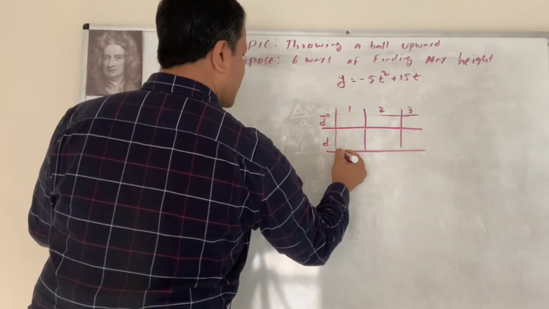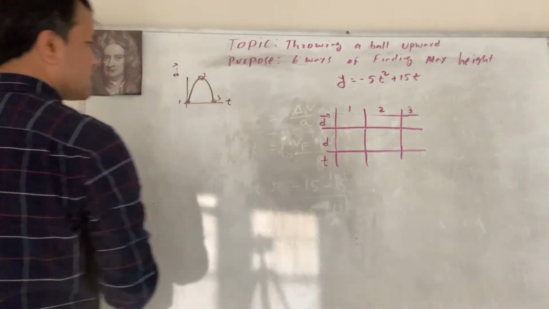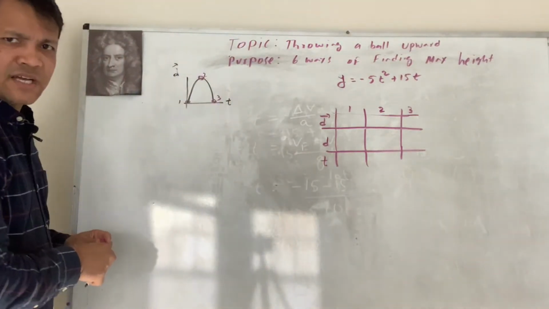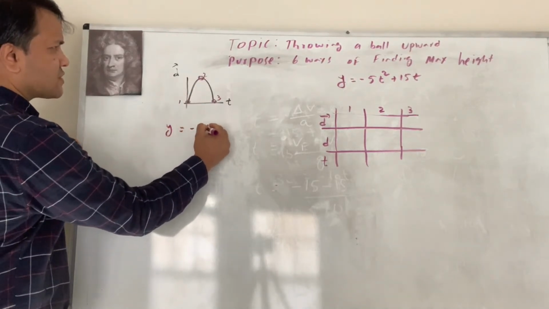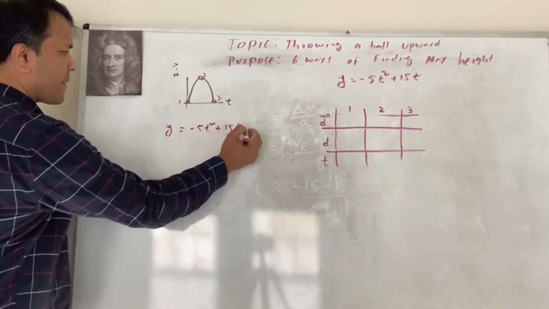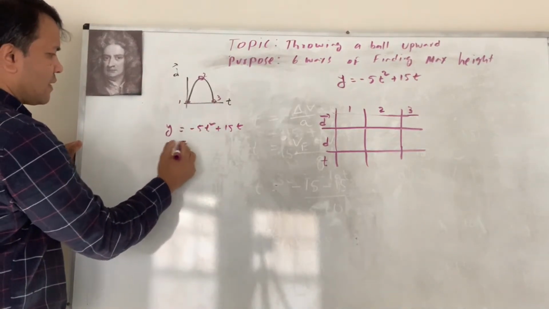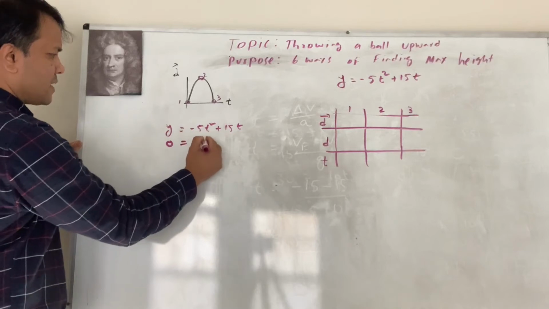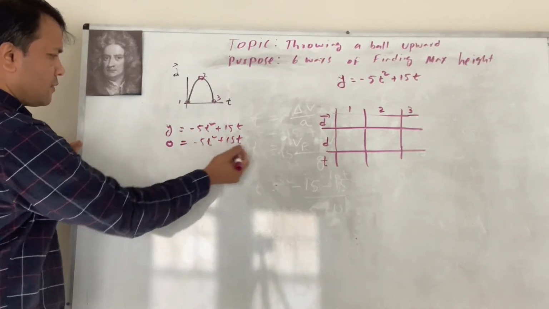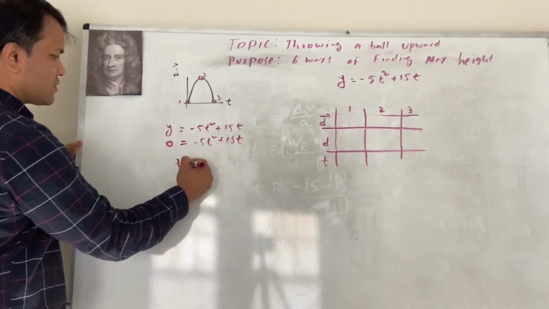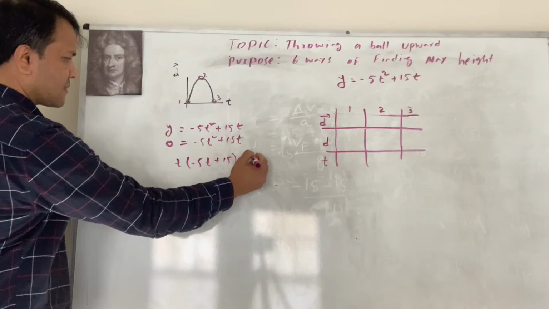Yesterday I showed you how to find the time at every location. Quickly I'm going to remind you. So y is equal to -5t squared plus 15t. Let y be equal to 0. If you factor out t, you get t times -5t plus 15 equal to 0.